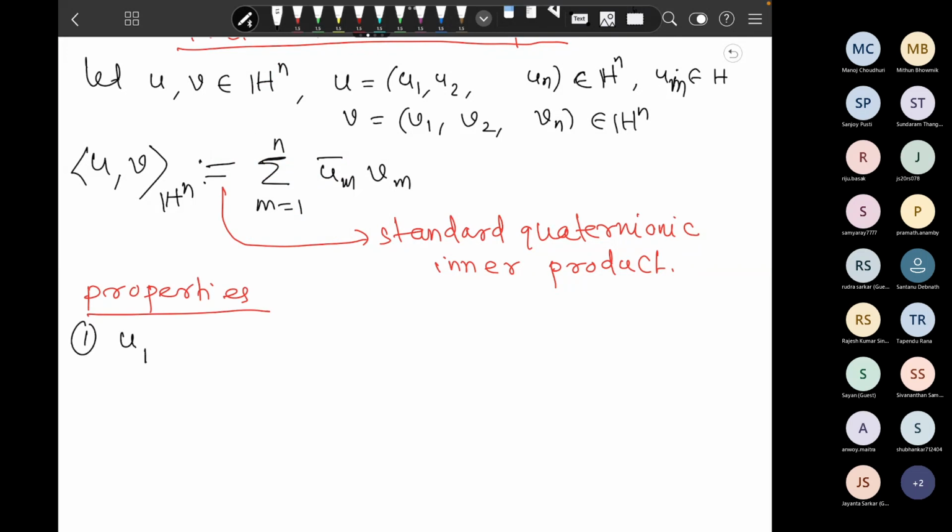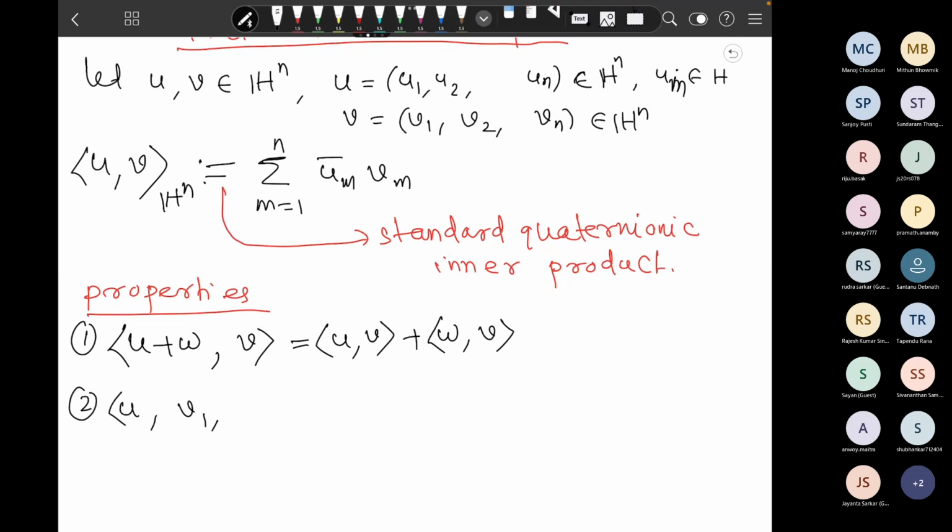If you add u plus w, where w belongs to H^n, then the inner product of u plus w with v is the inner product of u and v plus the inner product of w and v. The second property: the inner product of u with v plus w is the inner product of u and v plus the inner product of u and w.